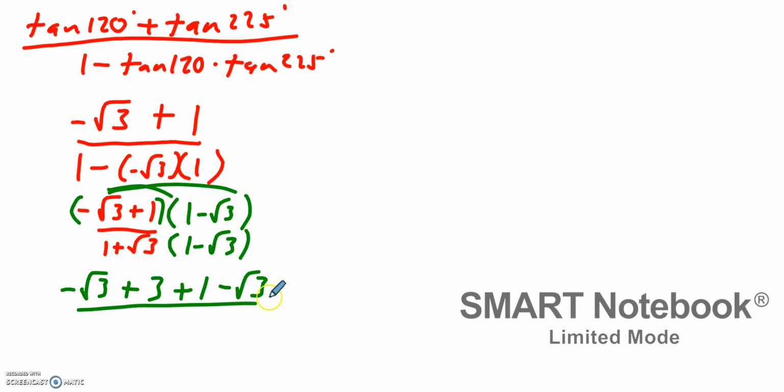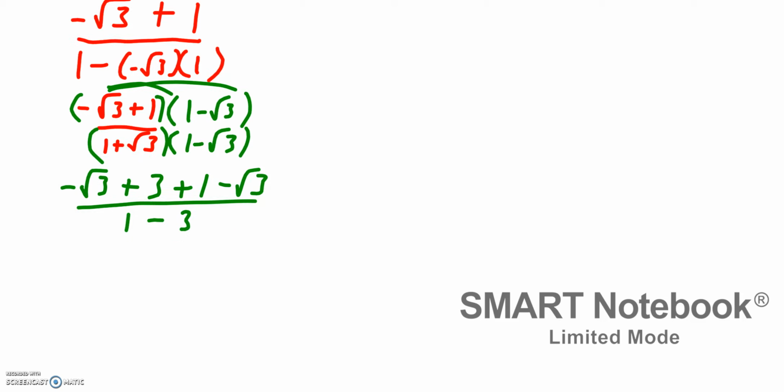And in the denominator, if I use FOIL, these are conjugates, so the middle terms automatically cross out. So I just need to multiply 1 times 1, and positive root 3 times negative root 3, which is negative 3. The numerator ends up being 3 plus 1, 4. Negative root 3 and another negative root 3 is negative 2 root 3, all over 1 minus 3, or negative 2.